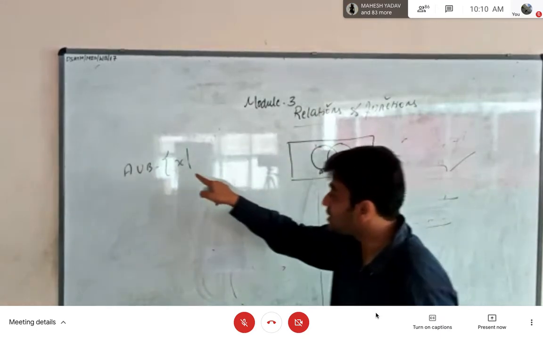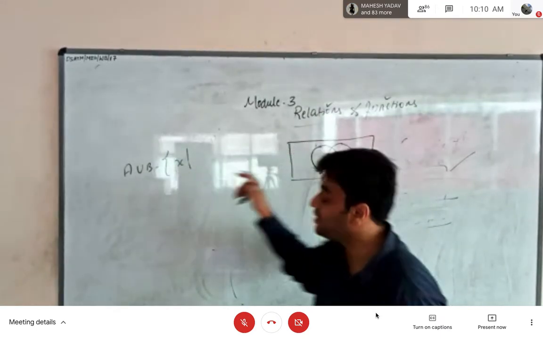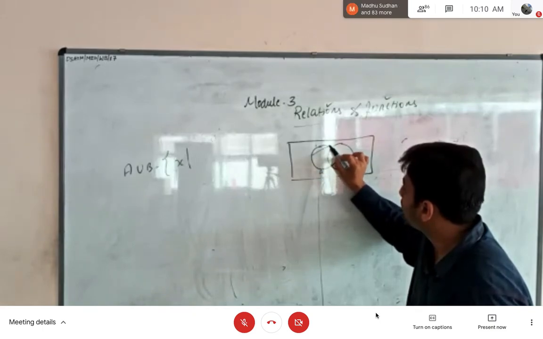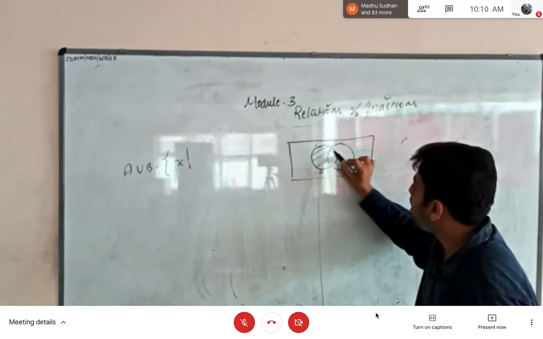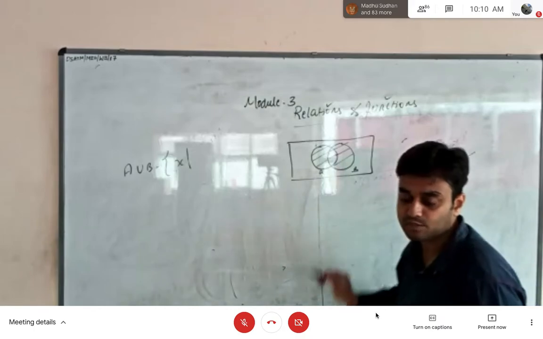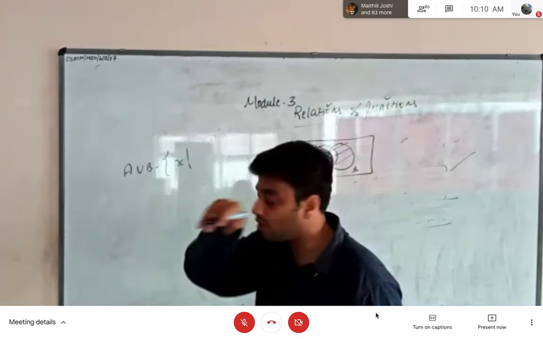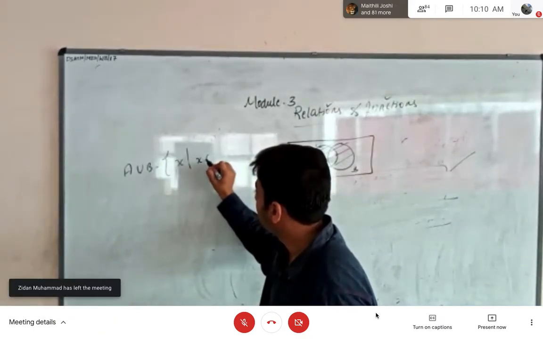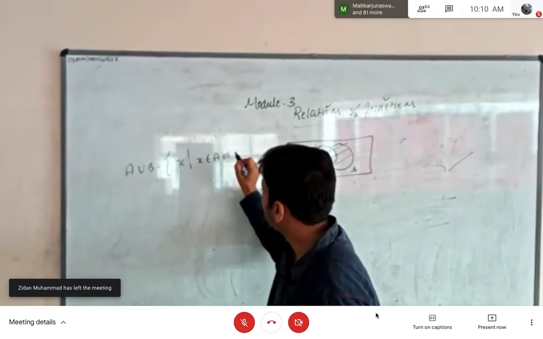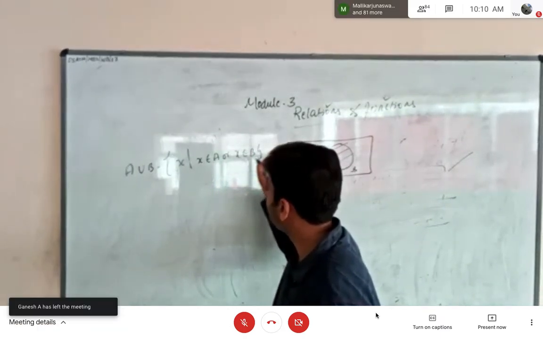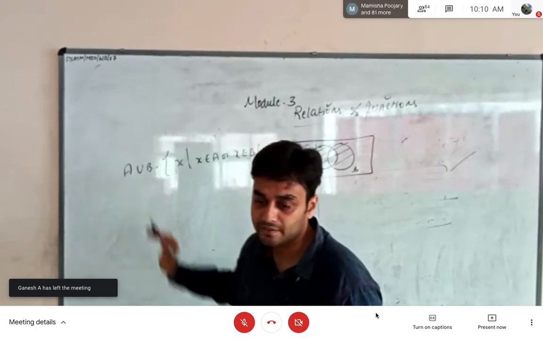If I have to consider X belonging to A union B, that element can either belong to A or it can belong to B. This part you already know, right? So that particular element X should belong to A or it should belong to B. So this is the definition for union.